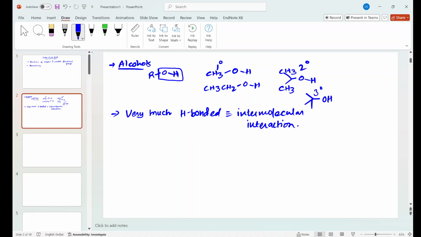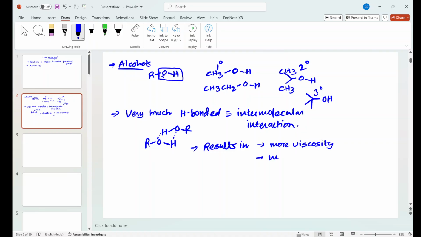Because of having this electron rich oxygen as well as the proton, they will typically have hydrogen bonding between themselves. And this results in more viscosity and higher boiling points, okay, like that.